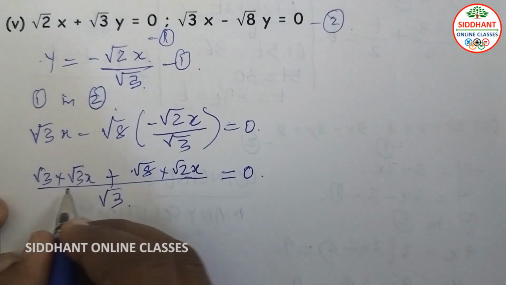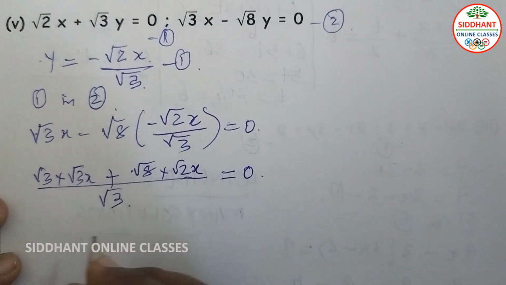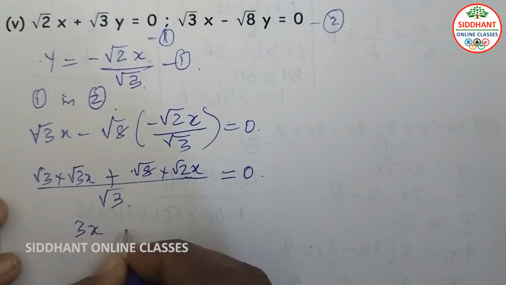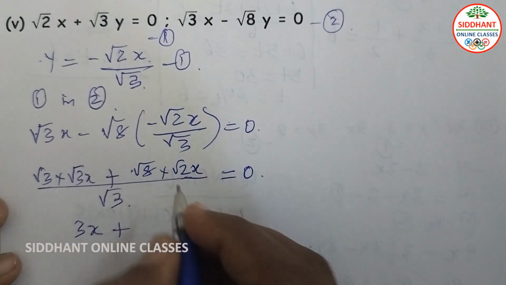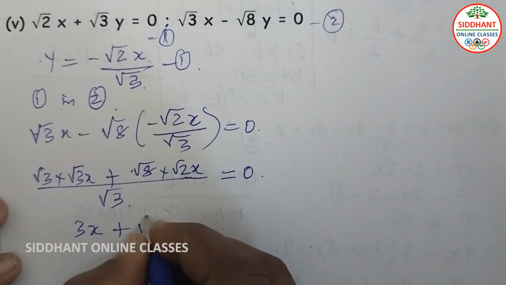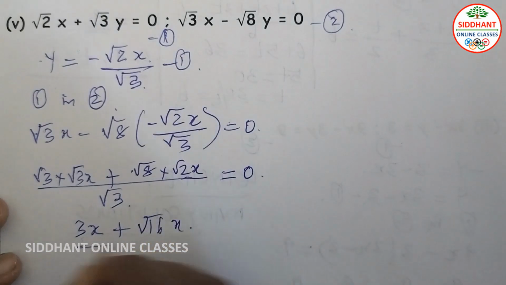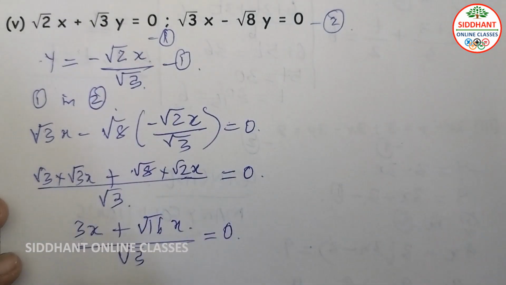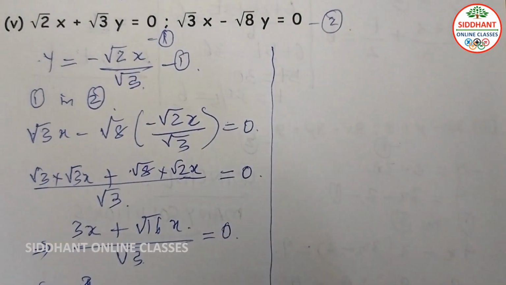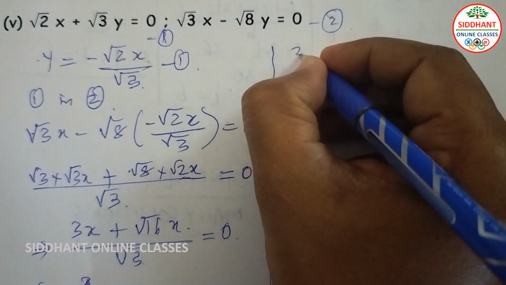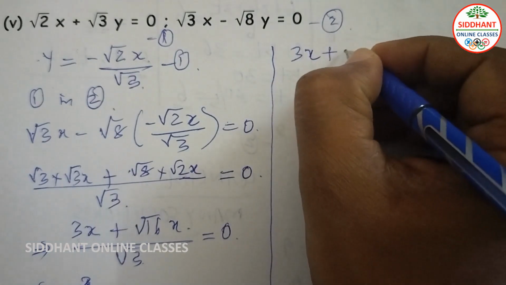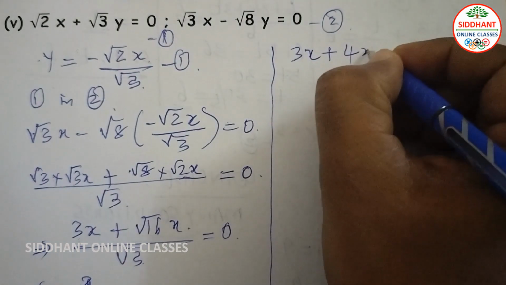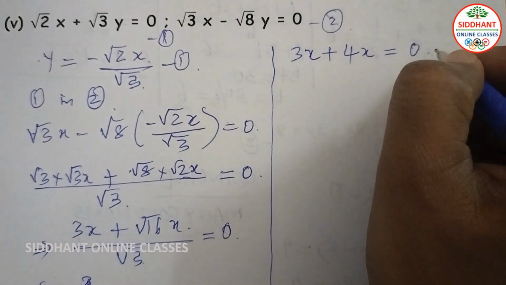So now root 3 into root 3, we get 3, 3x plus here 8 into 2, which will be root 16 here, x by root 3 equal to 0. So root 3 into 0, 0. So we get 3x plus root 16 will be 4x, which is equal to 0 here.